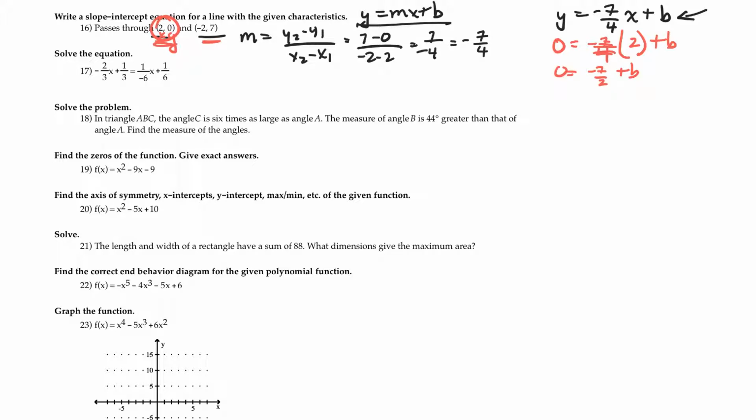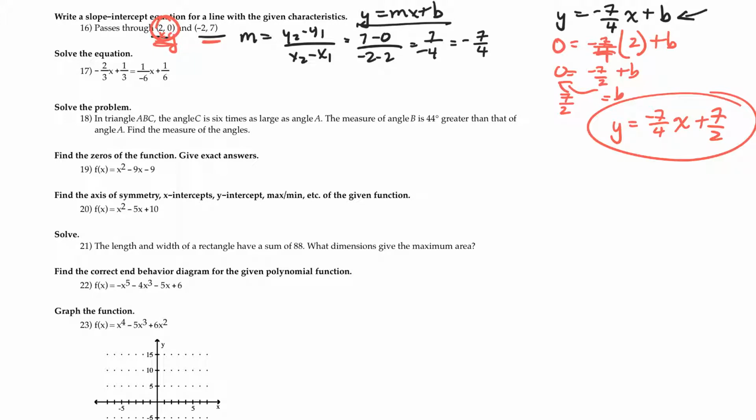And then I'd move this to this side. So b would be a positive 7 over 2. So my equation in the end then will be y is equal to the slope, negative 7/4 x, and the b value is a positive 7 over 2. So that'd be my equation.